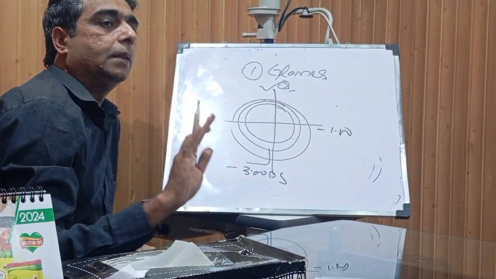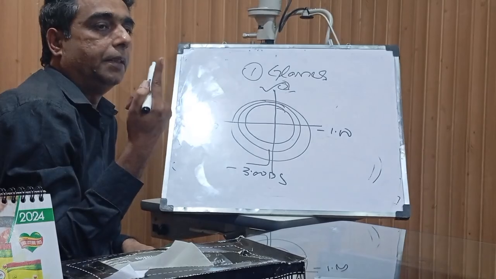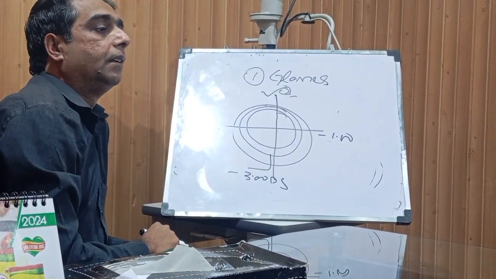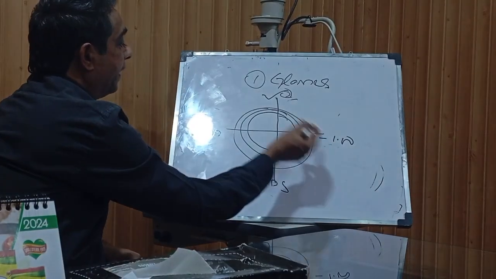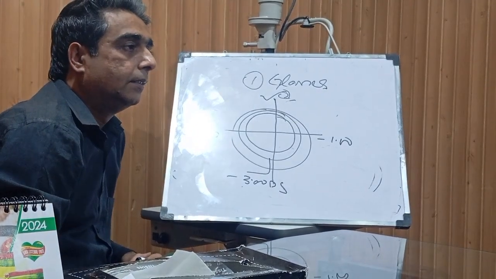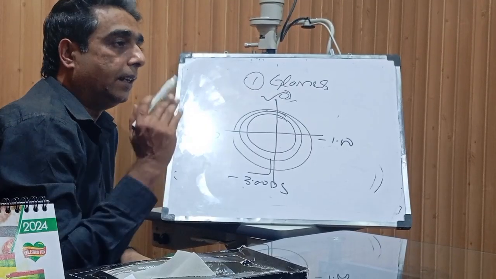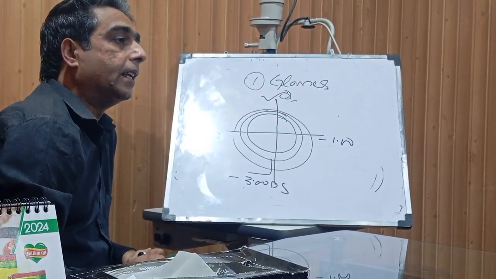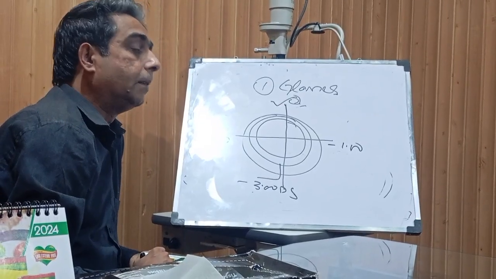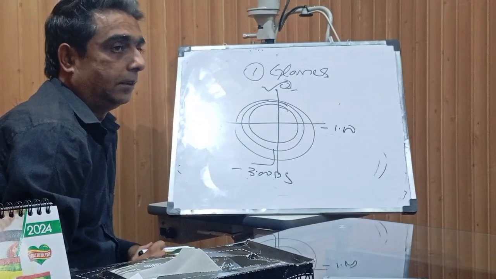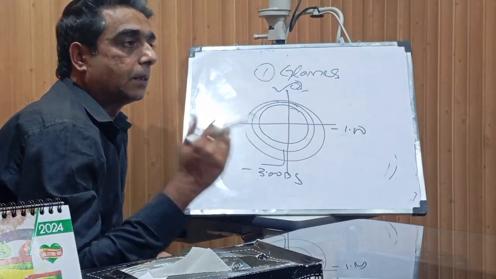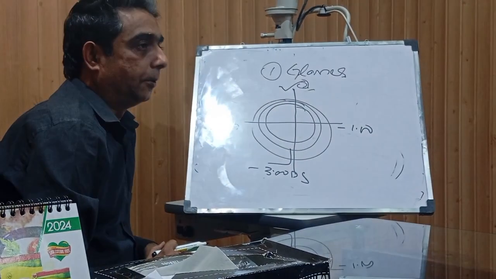And as we need the power only in one meridian, we have to use cylindrical lenses, because if we give the -1 of spherical, then it will overcorrect the -3 diopter spherical. Therefore, a lens is needed which has power in one meridian only and the other meridian has 0 power. Understood? So that the cases of astigmatism can be taken care of.